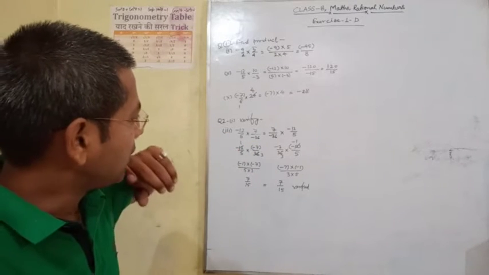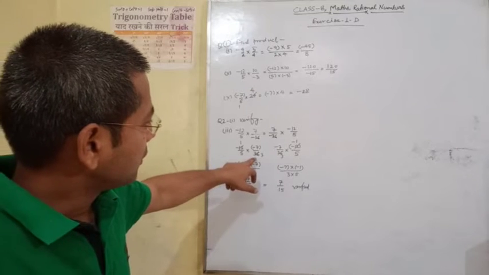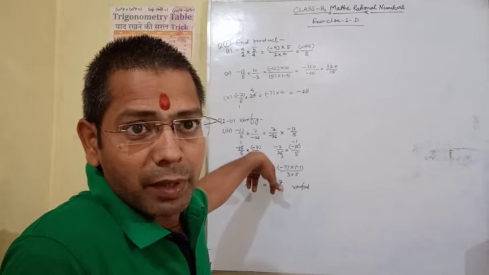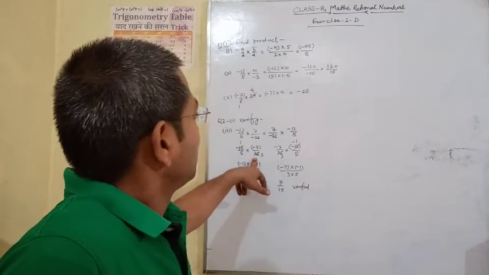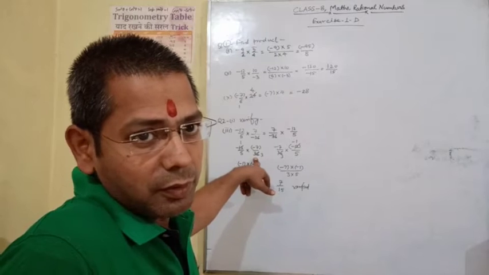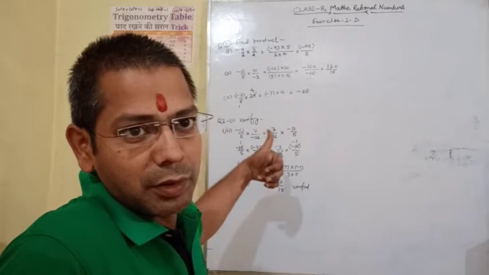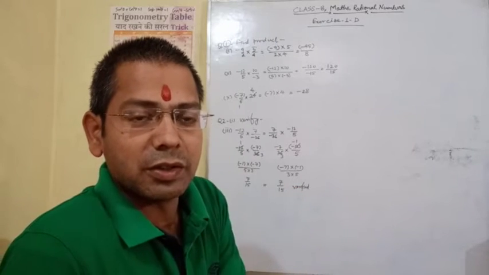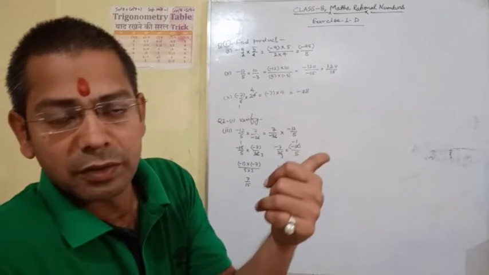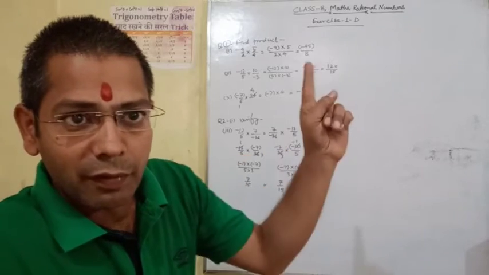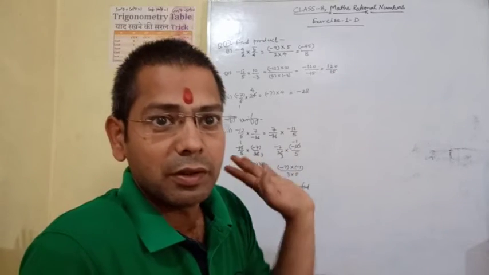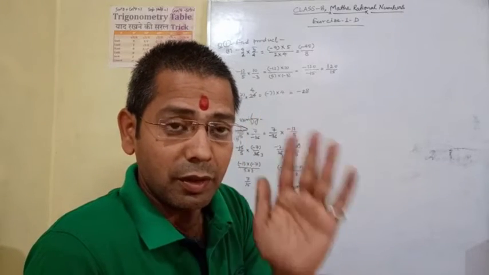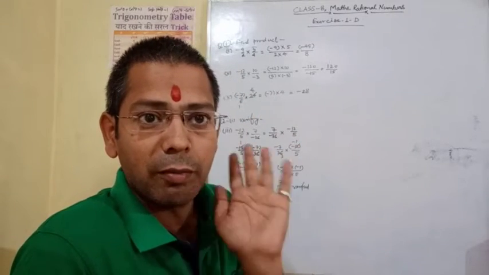Because of that, we will make the denominator from minus to plus, meaning 36 is minus, so we will make it plus. That's why the sign of the numerator will be changed. It was discussed in the last session that you will treat the rational number with a positive denominator always.